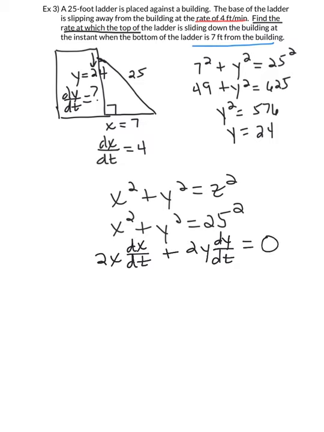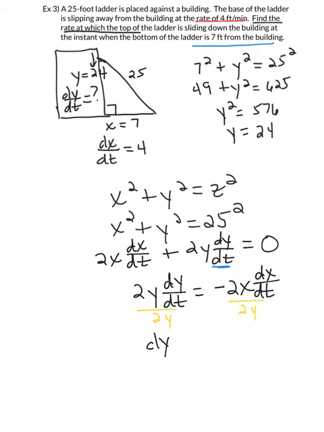Now let's look at what we're supposed to be finding. We're supposed to be finding dy dt. So the first thing I'm going to do is get that term by itself. 2y dy dt equals, move the other term over, negative 2x dx dt. I'm solving for dy dt, so I'm going to divide both sides by 2y.